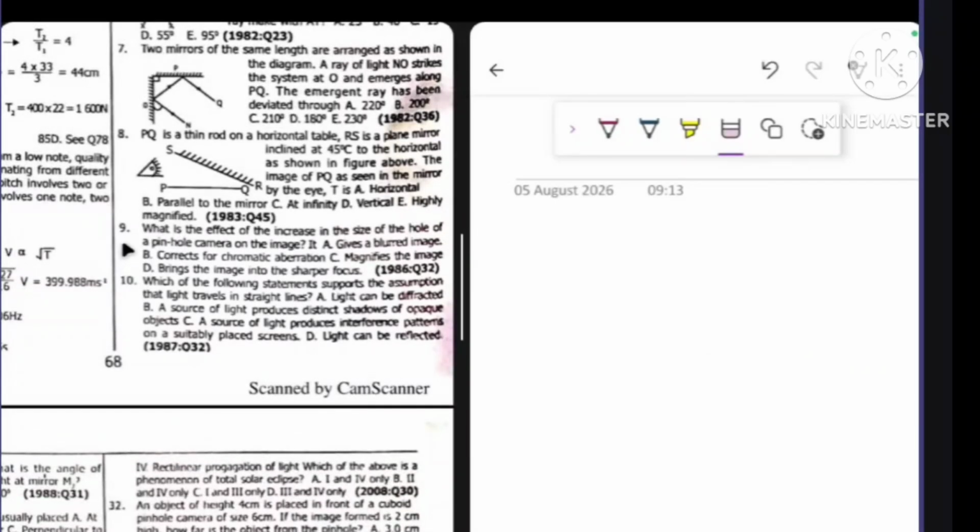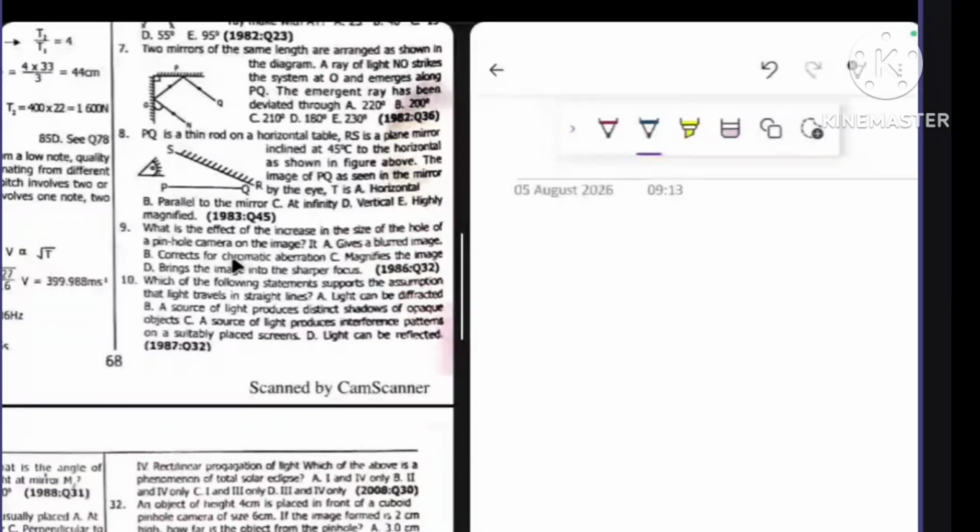Yesterday we discussed the effect. That hole in that pinhole setup, what's the effect of increasing its size on the image?